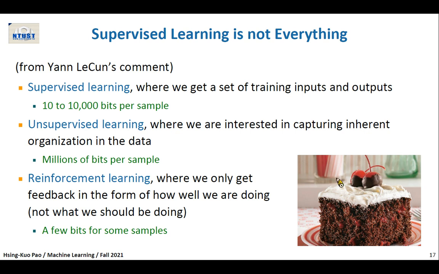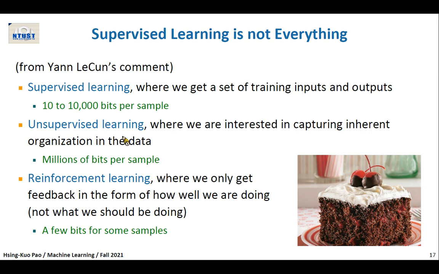He said that when we receive one data sample and focus on supervised learning, the most important part is the target value Y. Usually it won't be too much, just a few bits per sample.